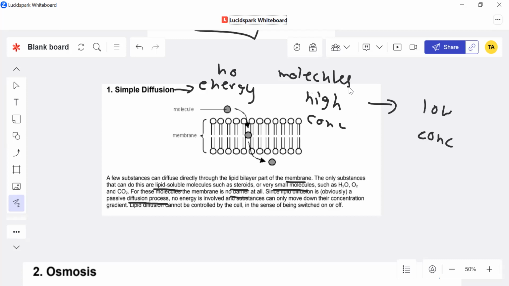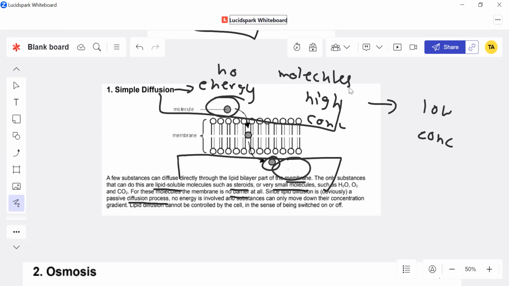For example, let's say this entire thing is our cell, and this part is the outside of our cell. You can see that we have a lack of oxygen in our cell, and there is a high concentration of oxygen outside the cell. So the oxygen would diffuse from a high concentration, outside the cell, to a low concentration, inside the cell.